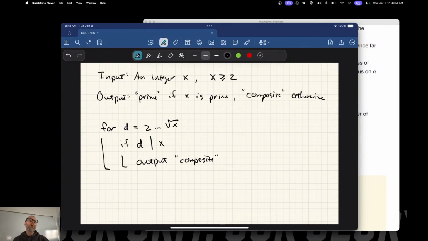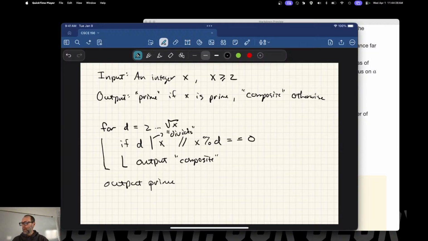Otherwise, if you get through all the possible divisors and none of them divided it, then you output prime. This here is divides with no remainder. In other words, let's put in a comment here that this is x mod d is equal to 0. That's what that math means. This is divides. If you've never seen that before, that's fine.